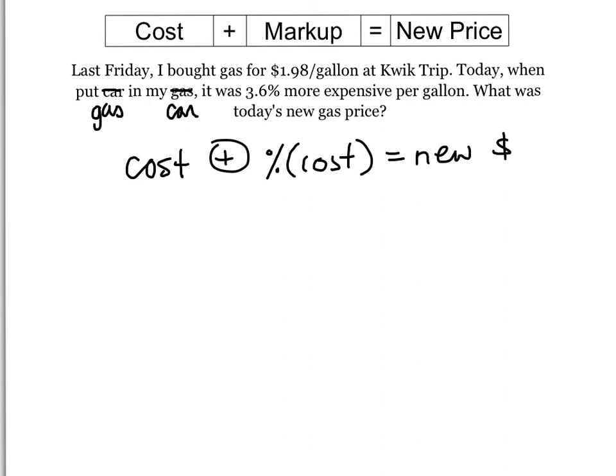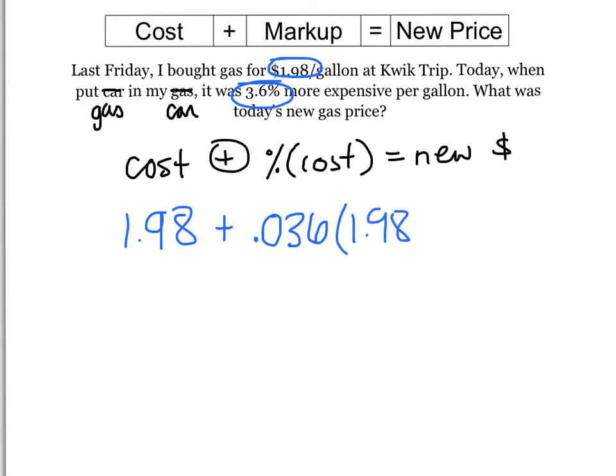Looking through our problem, I see it was $1.98, and I also see a 3.6% increase. So $1.98 was my initial cost plus our markup. And remember, 3.6% as a decimal is 0.036, times the initial cost of $1.98.